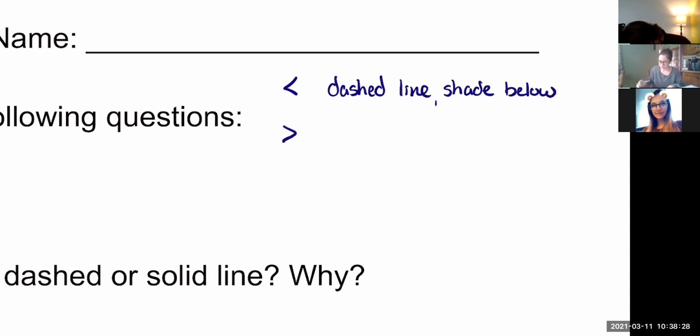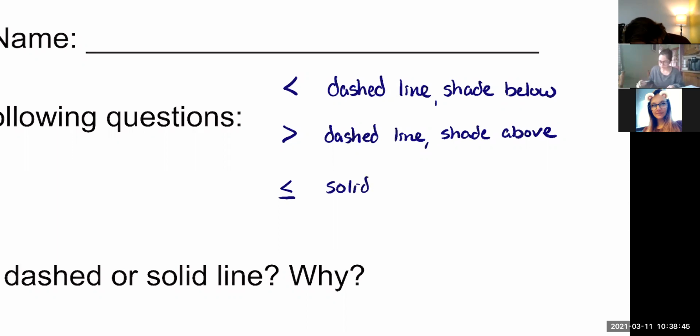A greater than symbol is going to give us a dashed line, for which we will shade above. Less than or equal to symbol will give us a solid line, for which we'll shade below. And a greater than or equal to sign will give us a solid line, shade above.